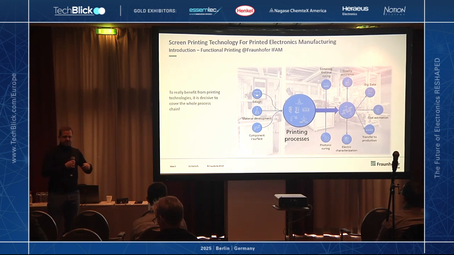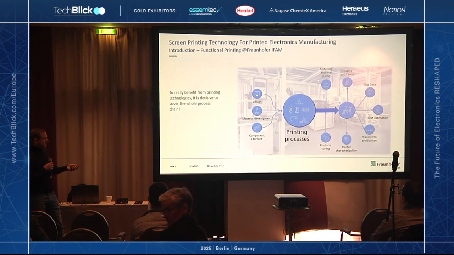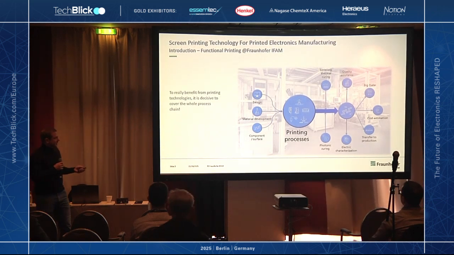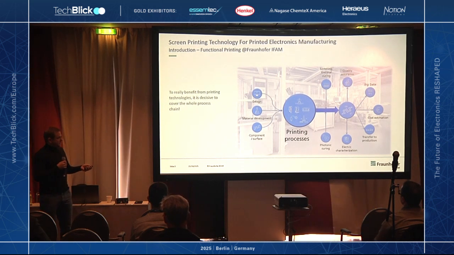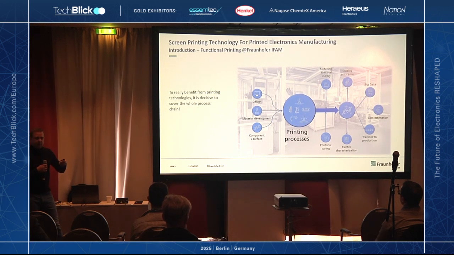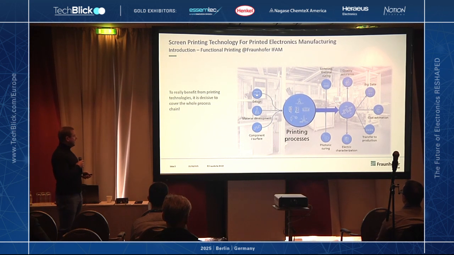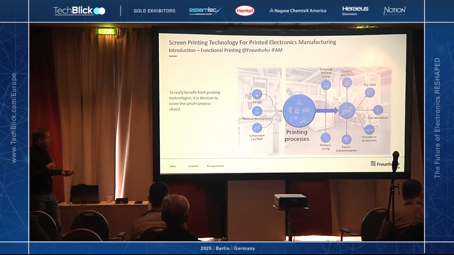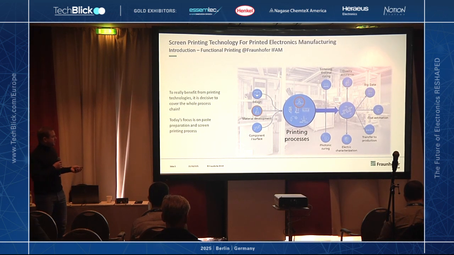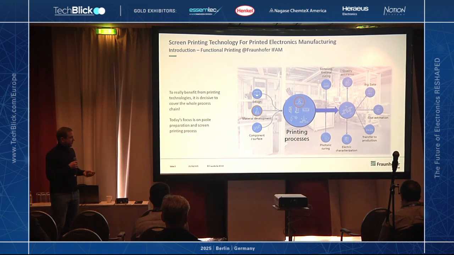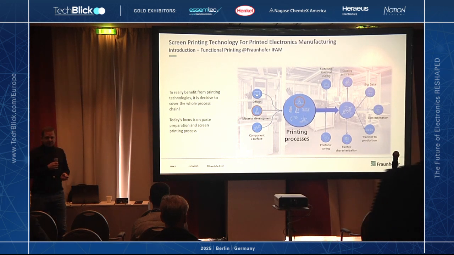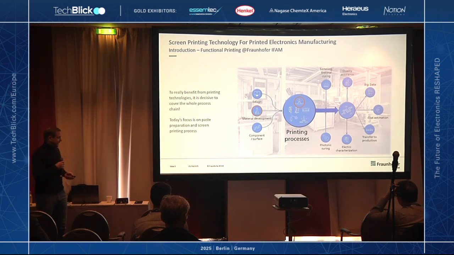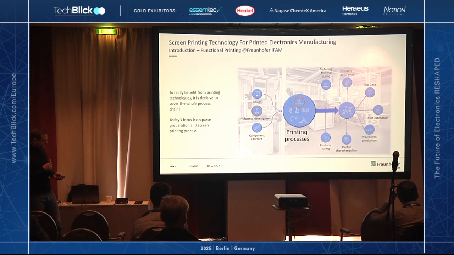Not just change one of the processes, but really see what I have to adjust in the design, in the material development, and also in the post processes like the curing or all the other stuff that is also in our whole process chain. Today's focus will be the material development and the screen printing process. Besides that, we are also dealing with other printing processes, also digital ones. But today's talk will be about screen printing.